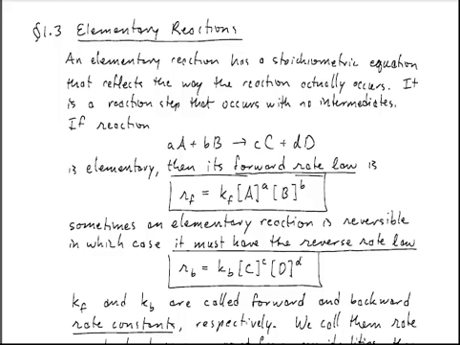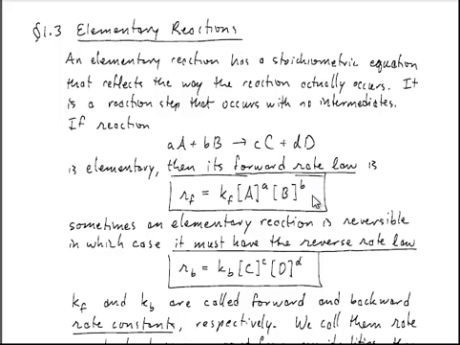If you have a reaction written in the form that we've been using as our generic form, a moles of A plus b moles of B goes to c moles of C and d moles of D, and if it's elementary, then it automatically has a forward rate law, given by the rate in the forward direction: a rate constant for the forward direction multiplied by the concentration of species A to the stoichiometric coefficient of that species, multiplied by the concentration of species B to the stoichiometric coefficient for species B.